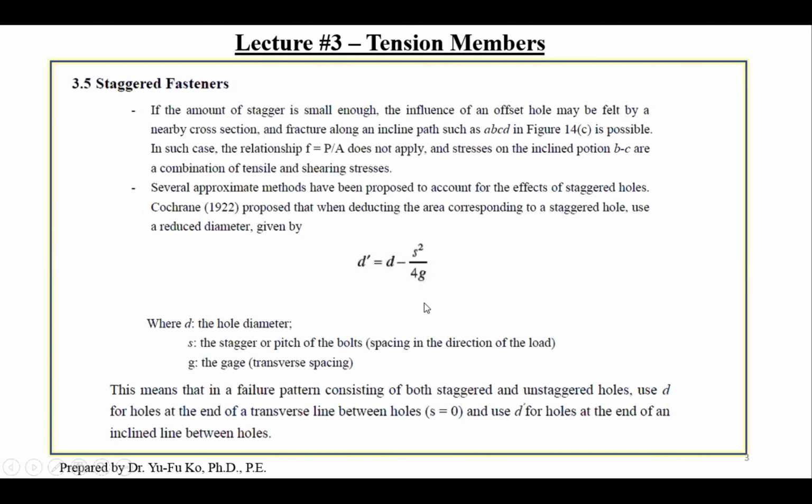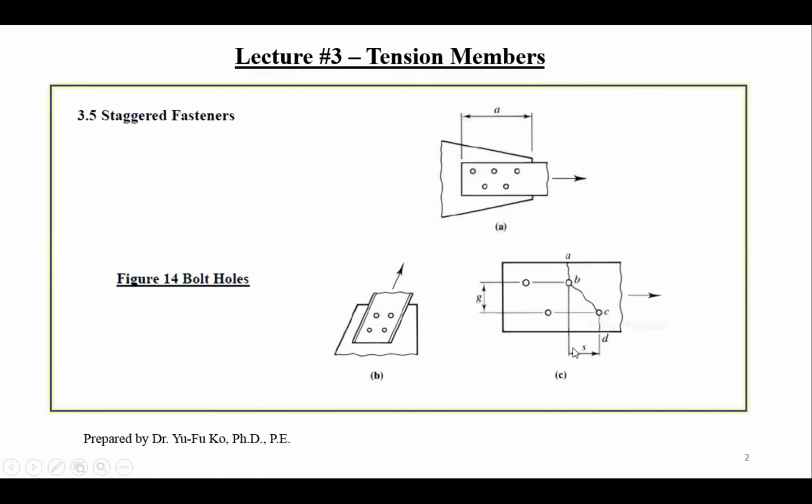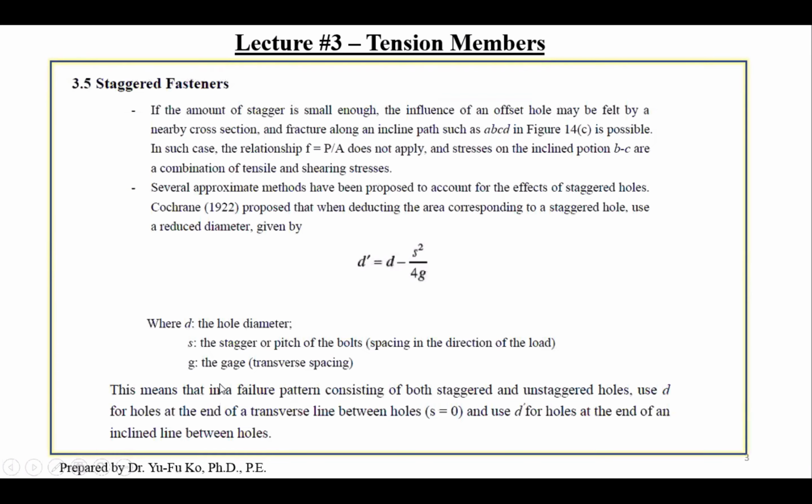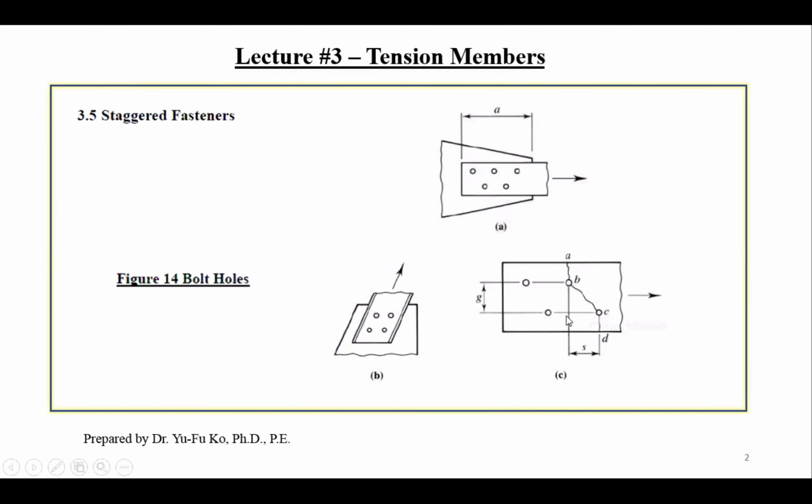Then what is s and what is g? The s is the stagger, or we call it the pitch of the bolts, which is the spacing in the direction of the load. So here, s is between B and C. This is the pitch or spacing when this bolt is staggered away from B. G is the gauge, the transverse spacing, meaning from B to C, the transverse distance measured from here to here.